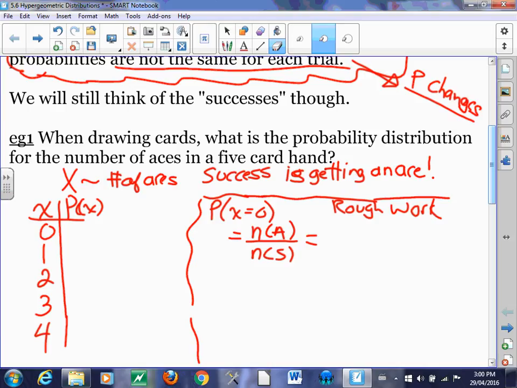Okay, so if we try to get no aces, that means out of 4, I'm choosing 0, right? Which means how many cards are left over that are non-ace cards? Well, 52 is in a deck, subtract the 4 is 48. Okay, all right. Times, so 52 cards in the deck, and we're going to choose 5 of them.